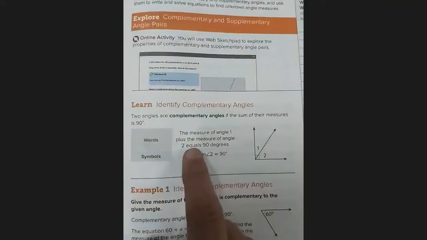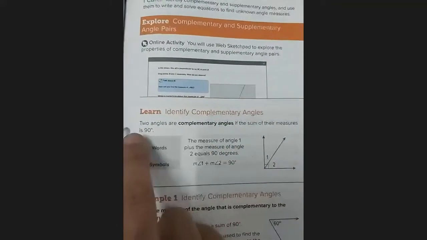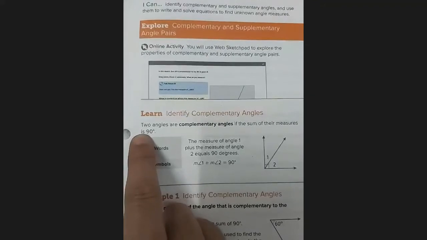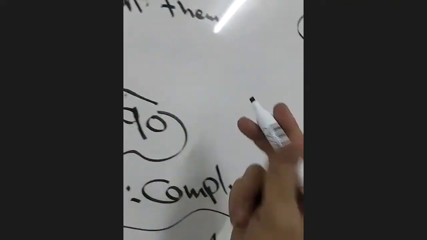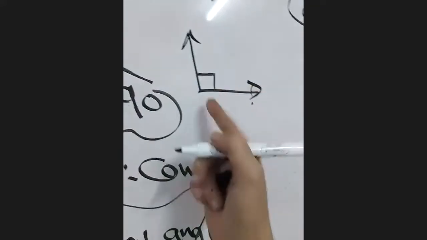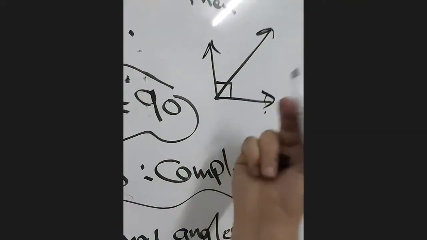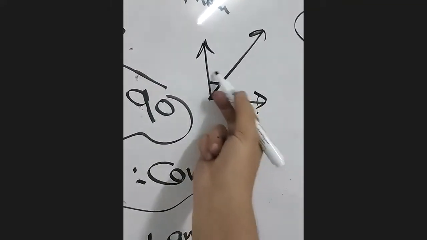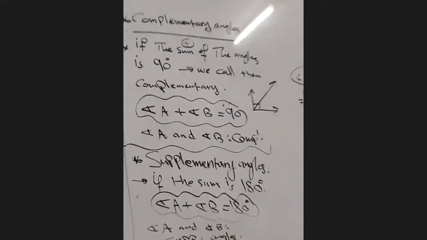Two angles are complementary angles if the sum of their measures is 90. And we know that, guys, the 90 degrees, we said in the previous lesson, is the right angle. And we write it like this. Remember? This is a right angle. So if we have two angles, and if you add them, if they form a right angle, we call them complementary. Got it, Yusuf?